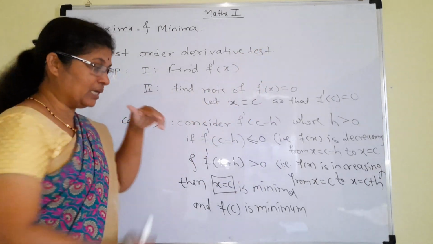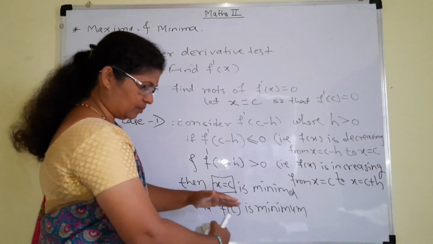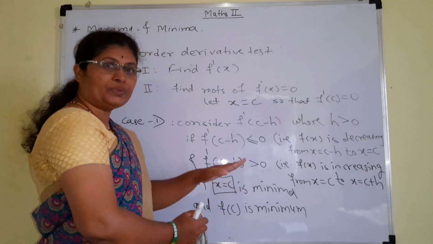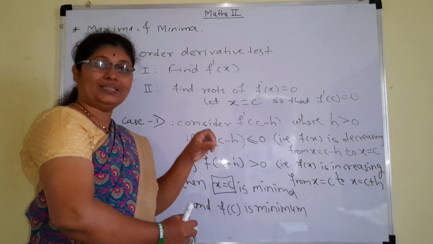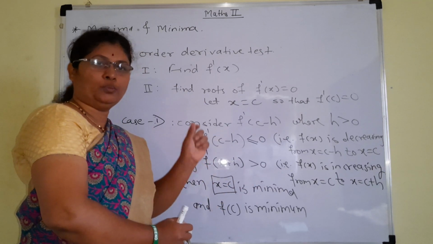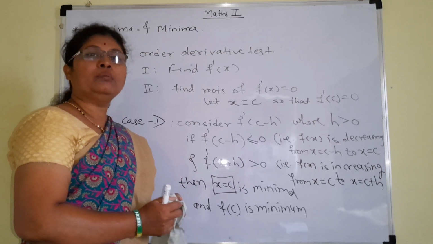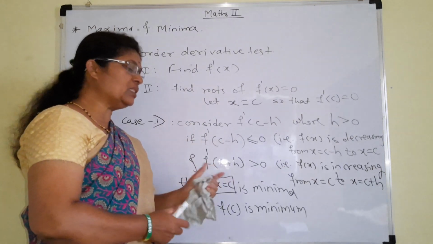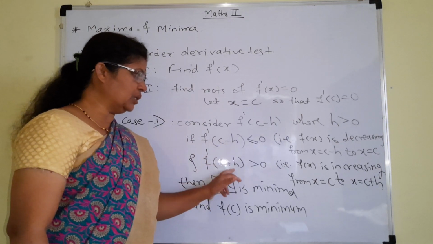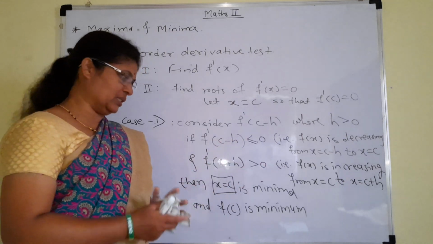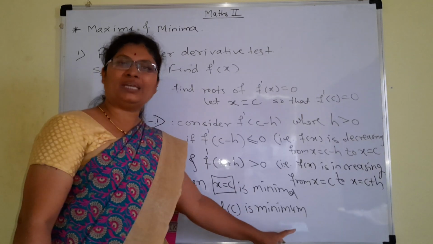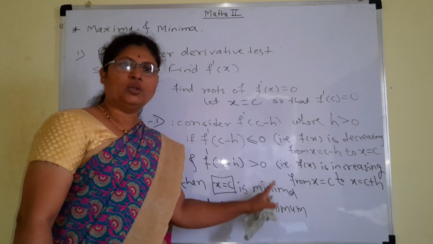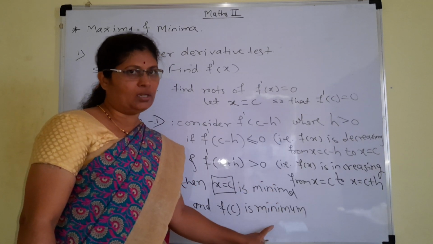So at x equal to c, c is the point which gives the lowest value of that function. So that point is a minima, and the value of the function is called the minimum value. Since we are considering only this interval, c minus h to c plus h, they are called local minima and local minimum.